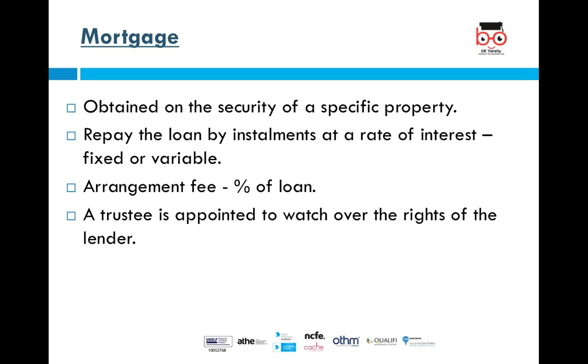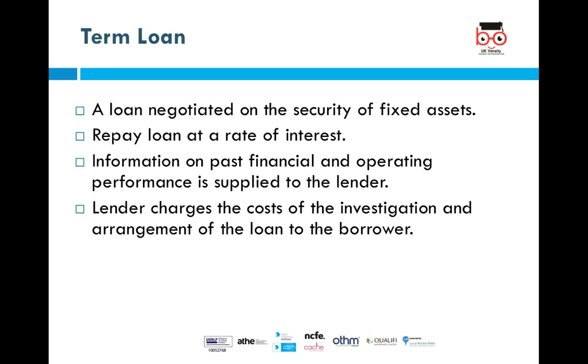So these are the mortgage procedures, and it is the longest long-term loan, up to 30 years or more, depending on the agreement. It's very secure and obtained on a specific property.